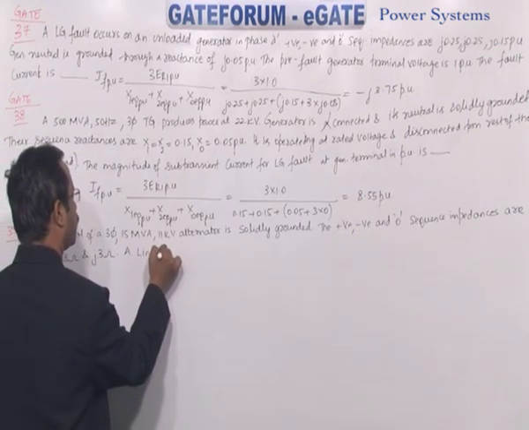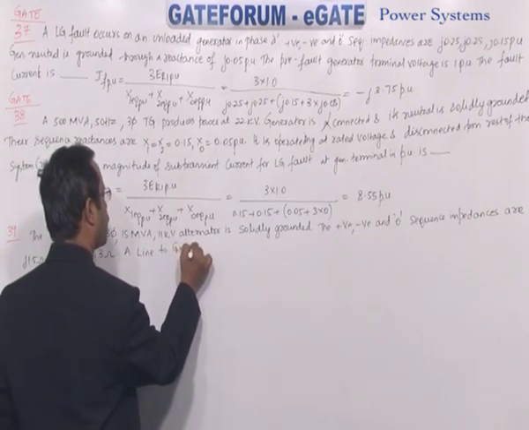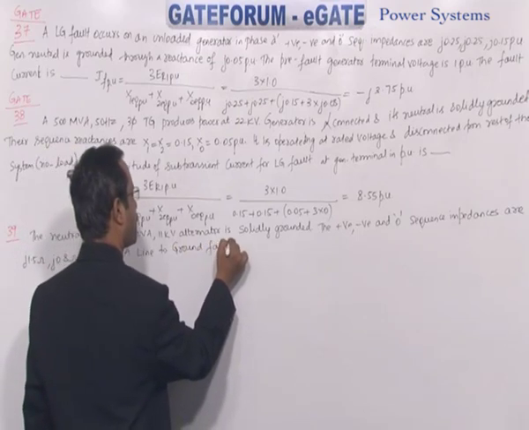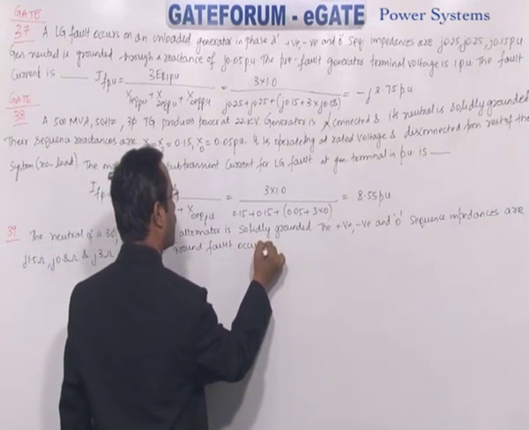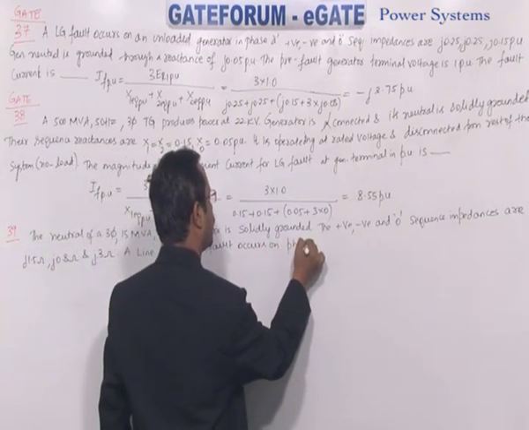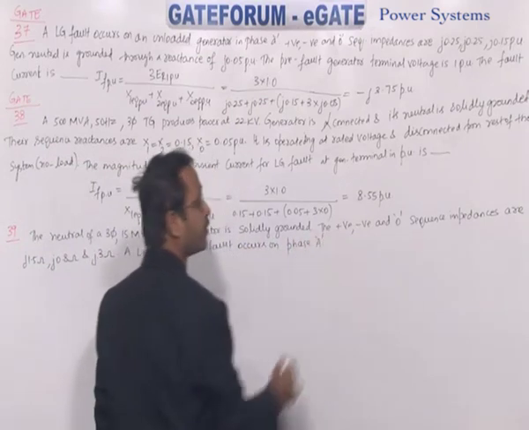A line to ground fault occurs on phase A.